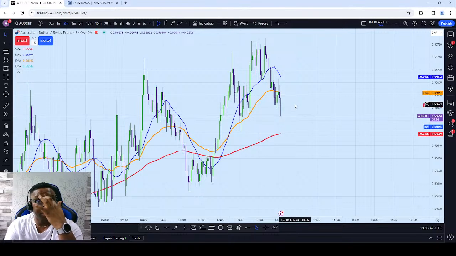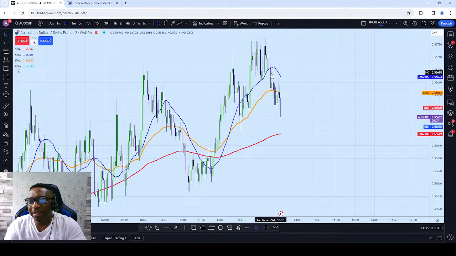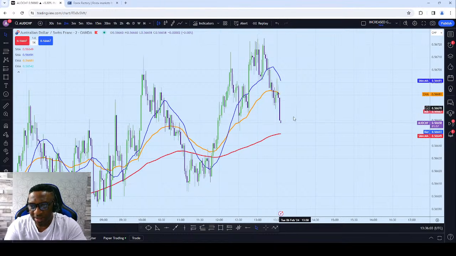So as we can see, it's still selling. But if you got in earlier, at this top, when we came in, it was somewhere here. The earlier the better.